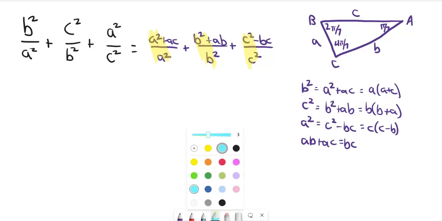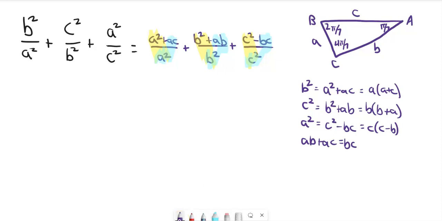And then we have the second part here: ac over a squared, ab over b squared, and bc over c squared. Now what happens is, as you can see, we have a squared over a squared. I'm going to write that as 1. After that, a plus sign, and you can see ac over a squared. I can cancel the a's, so I'm left with c over a.